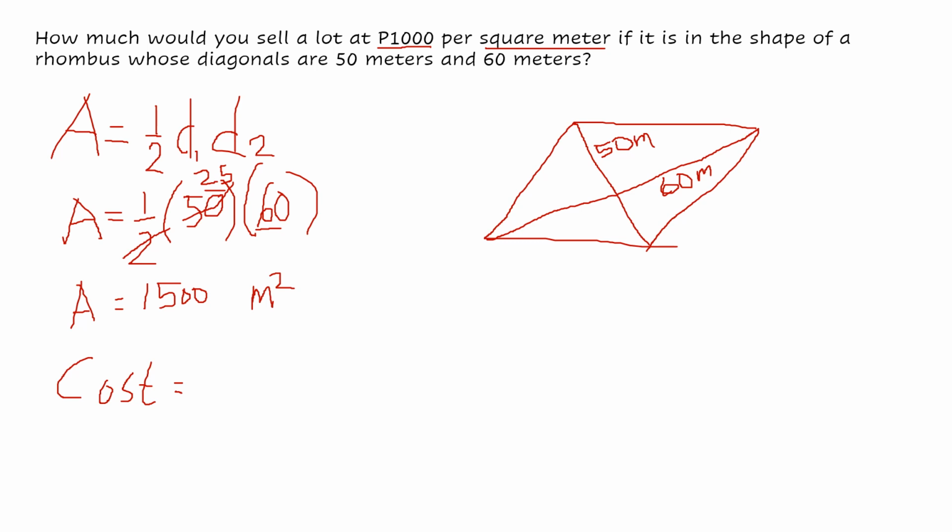Now, since the cost of the lot is 1,000 per square meter, let's just multiply 1,000 pesos per square meter by the total area, which is 1,500 square meters. So you have 1,000 times 1,500. That's 1,500,000 pesos.